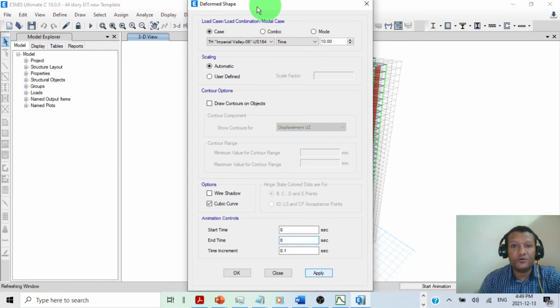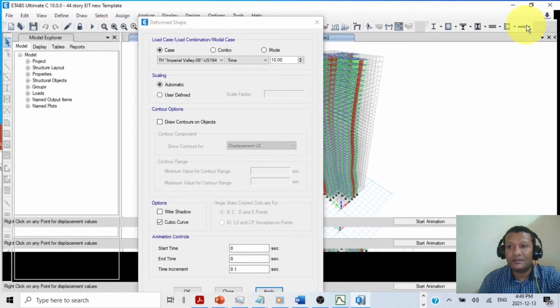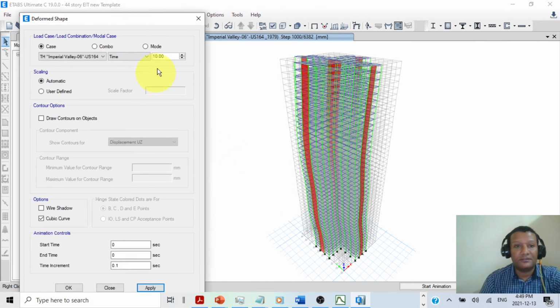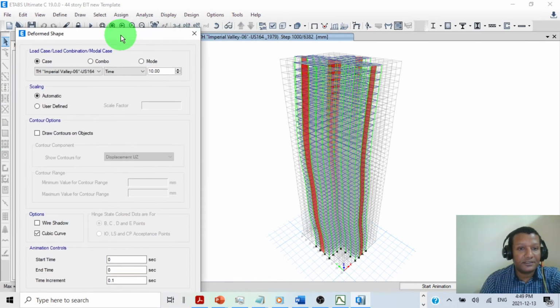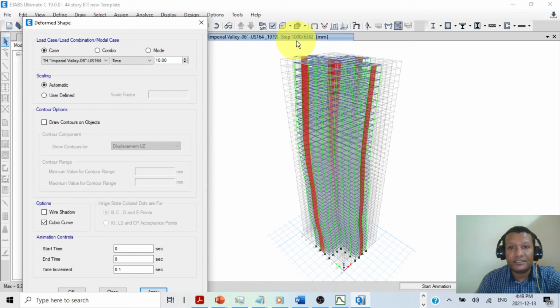I have the video because this one will take time, no problem. You see, this is the deformed shape. Then you can step like this.